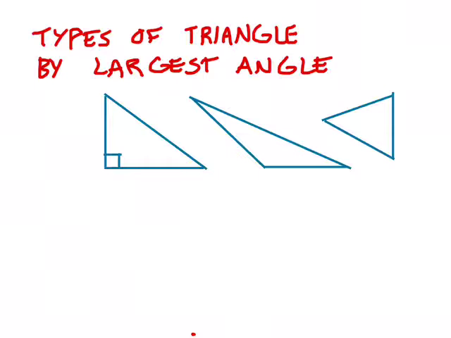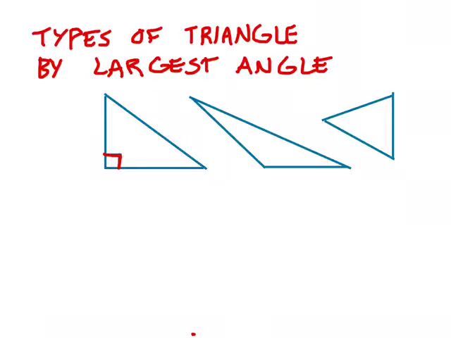And here we've got three examples of triangles. As I look through, if I'm going to classify a triangle by its angles, I really don't care about anything except the biggest angle. If I look at this first triangle, the biggest angle is going to be this one right here, the 90-degree angle.